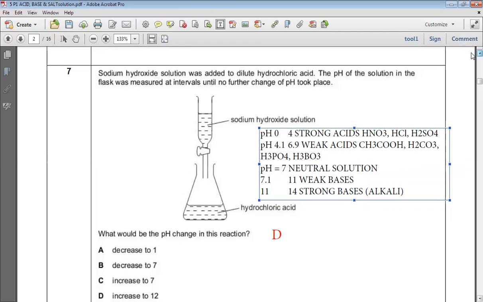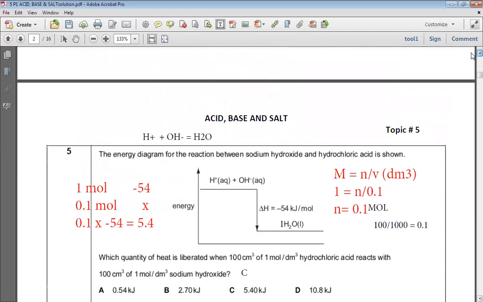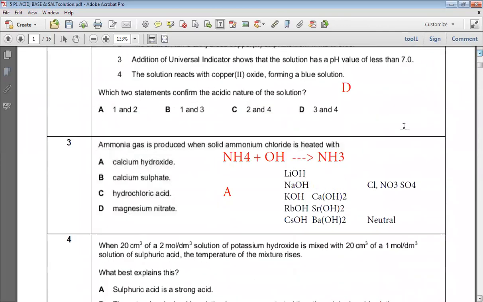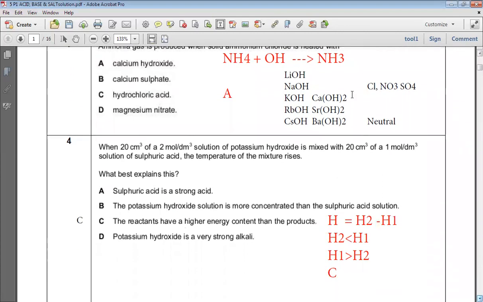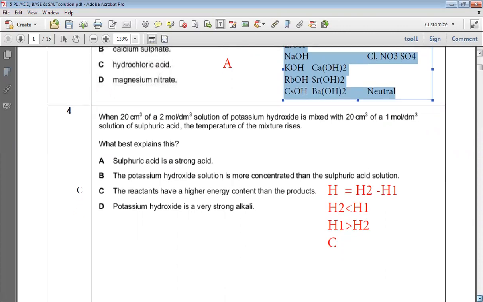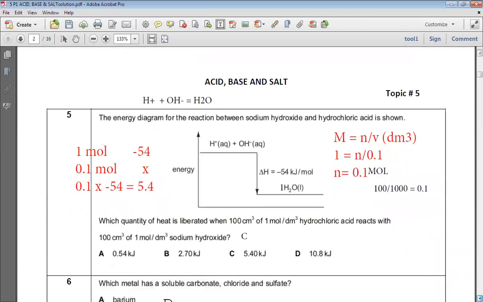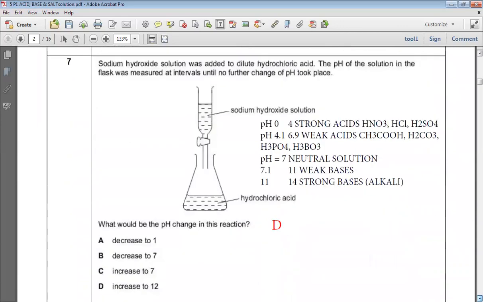And in the previous question, lithium, sodium, potassium, rubidium, cesium, calcium, strontium, barium, they are strong bases and alkalis. So they produce neutral salt when they react with strong acids. Now, strong bases have pH value more than 11.